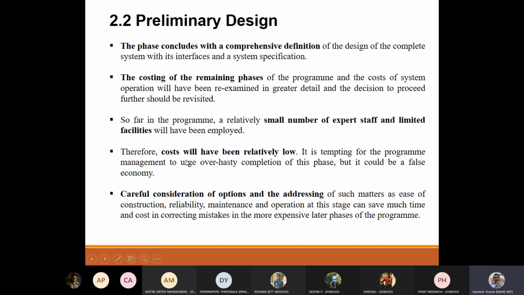So this is a comprehensive definition of the design of the complete system with its interfaces and system specification. Under the preliminary design, we come up with the complete interface issues and what the system specifications should be. We are talking about the complete system design. We should have everything complete, because once you have one model ready, we then talk about the detailed design, where many things come into the picture, correct?